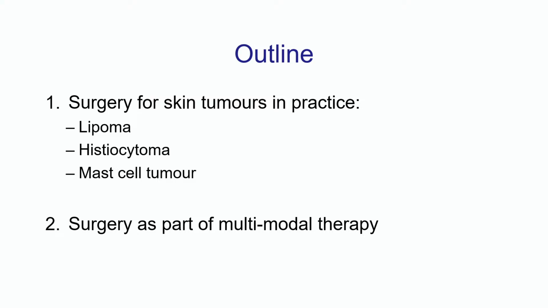And similarly for a mast cell tumour, soft tissue sarcoma, which is the other really common problematic soft tissue tumour that we see usually subcutaneously, often on the distal limbs of dogs, we can apply a very similar approach and get very similar results. So they're nice comparisons. They cover the majority of the tumours that we'll see in the skin and the subcutaneous space in dogs and, to a lesser extent, cats.